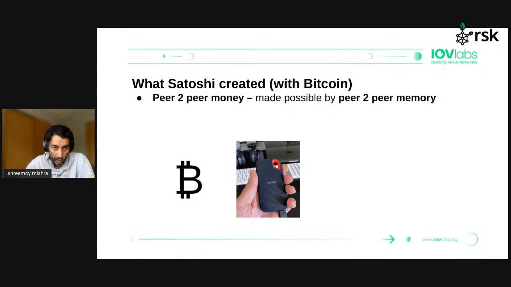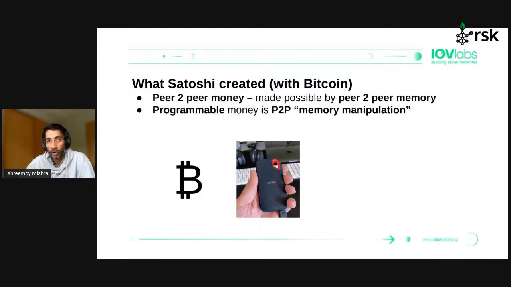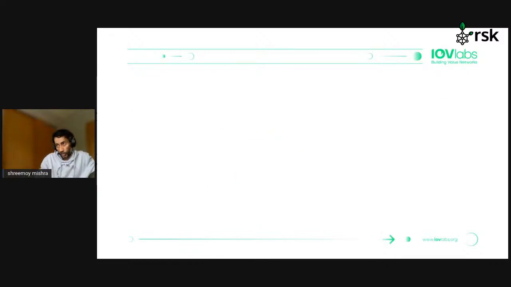They don't really have balances. Okay? And so what we are doing with these decentralized systems is making peer-to-peer money, or even programmable money. It's made possible through peer-to-peer memory and peer-to-peer memory manipulation, which is also just a different name for decentralized computing.